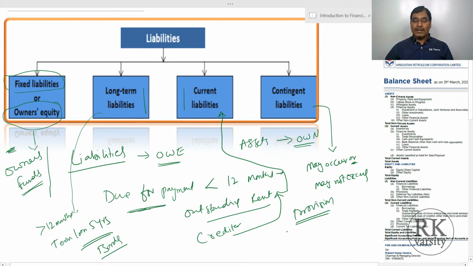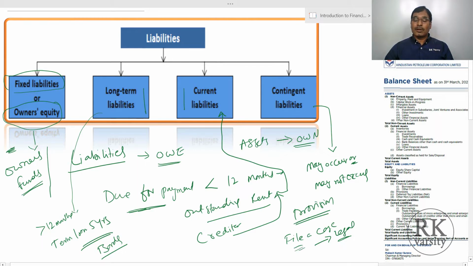Suppose a case is filed against the company, and then we may incur legal charges for that. Or we sold goods, but there is a possibility that some of the goods may be returned. For such cases, we create a provision.